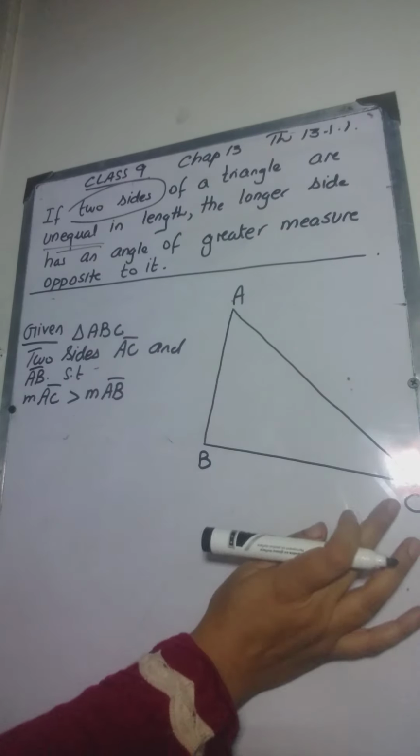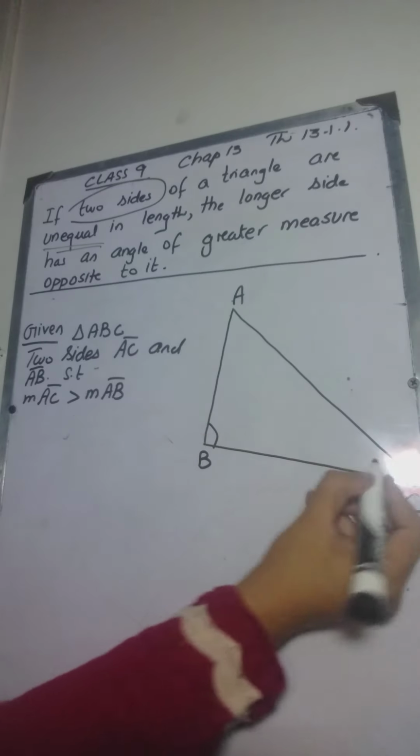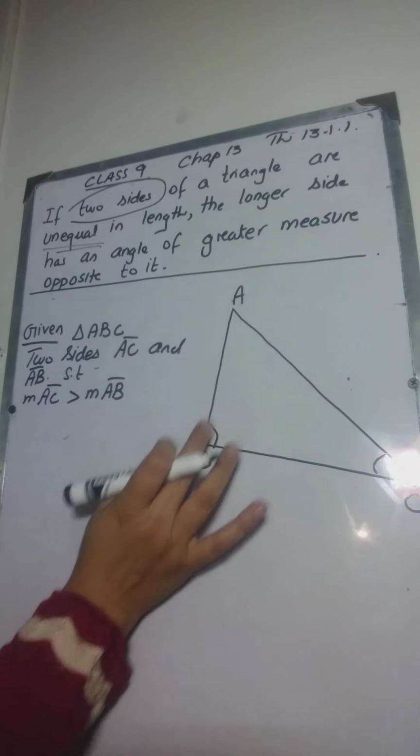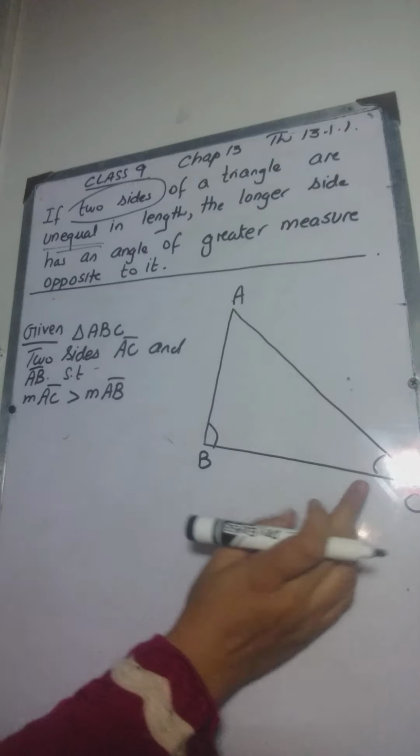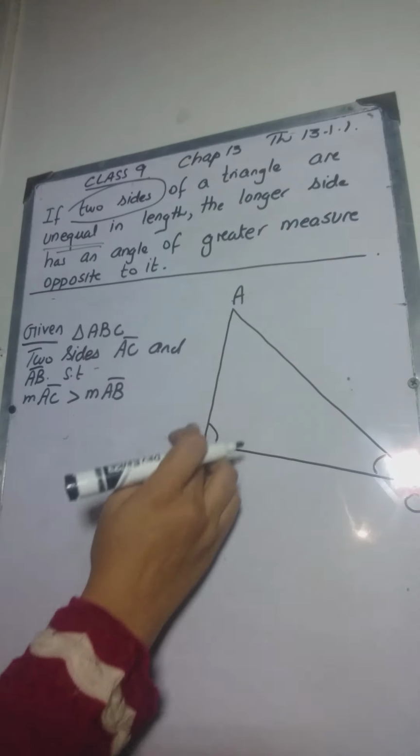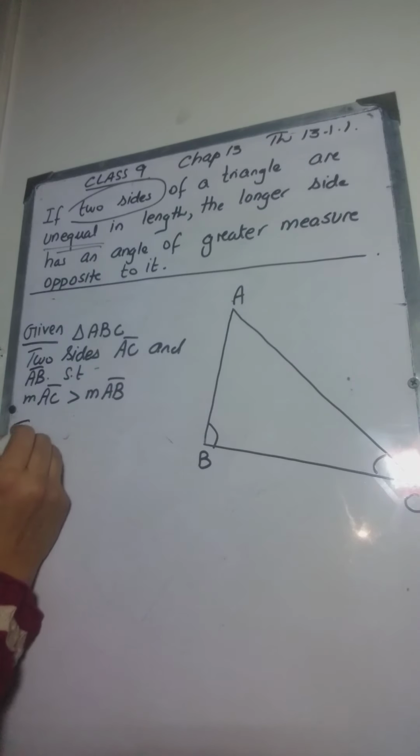Suppose this is the longer side, the AC one. So we need to prove that angle B, which is opposite to the longer side, is greater than angle C, which is opposite to the shorter side.